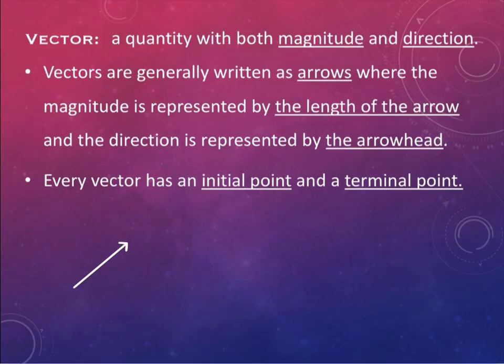So the vector I've drawn below, this would be the initial point, and this one where the arrow ends is the terminal point.